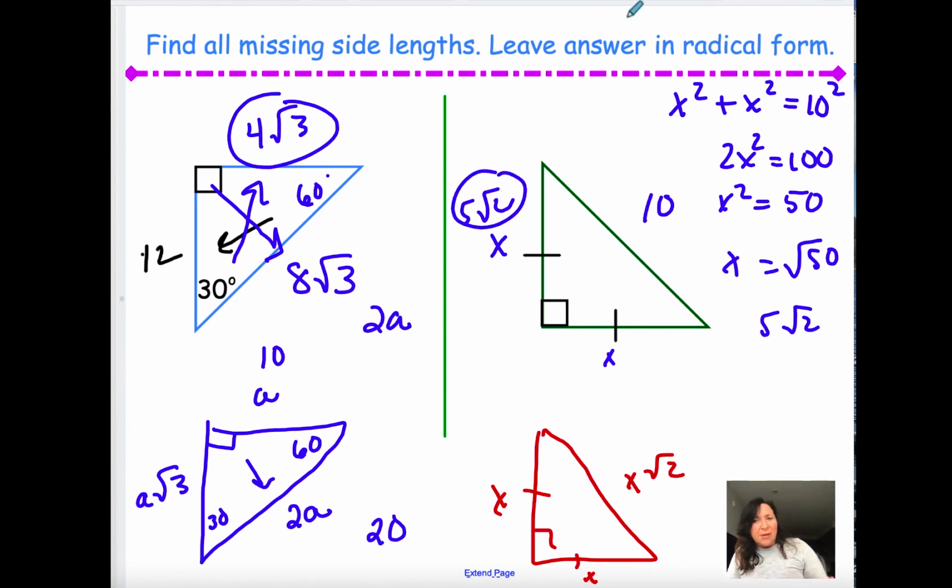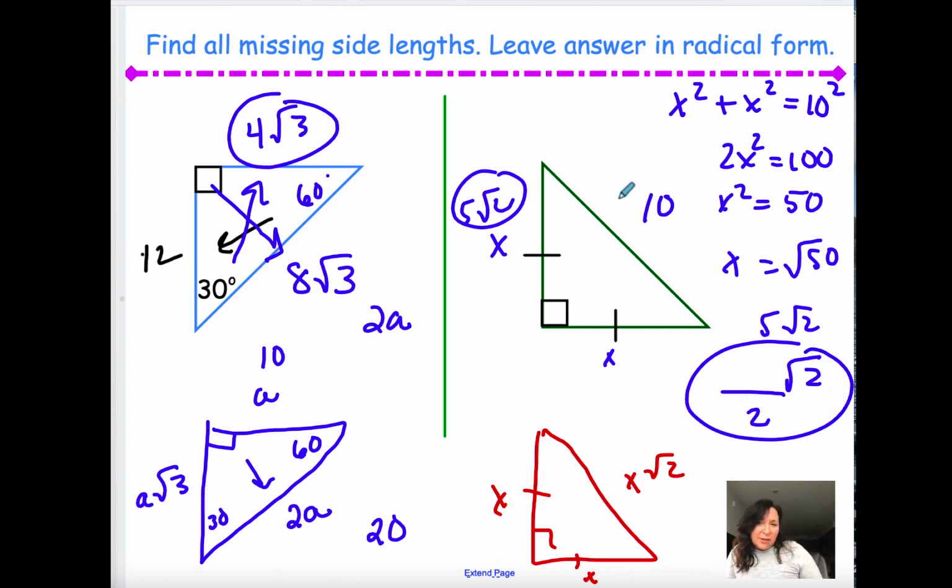And somebody might go, well, how does that work? You said if this was 5, this was 5, that was 5 root 2. But what I'm saying is, what if that was 10? And the trick is that going backwards, you can divide by 2 and multiply by root 2. Because realistically, you're setting this equal to x root 2, which means you're dividing by root 2.